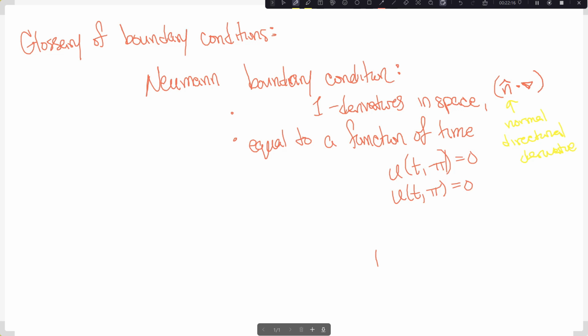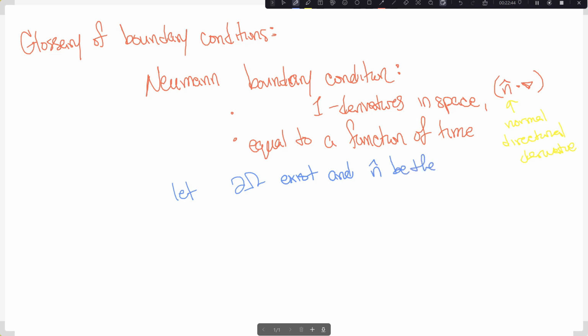And what's a nice example of this? I'm going to get rid of these as the example. A very common example would be something like, let the boundary of omega exist. That's why it's a boundary condition. And n be the normal vector to the boundary.